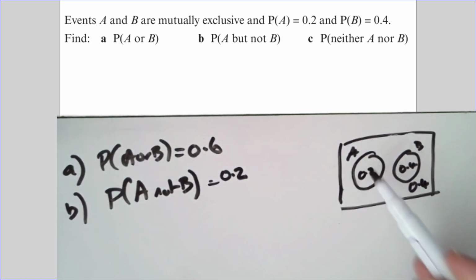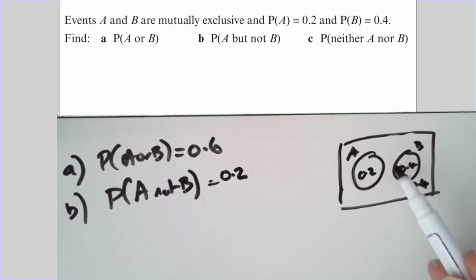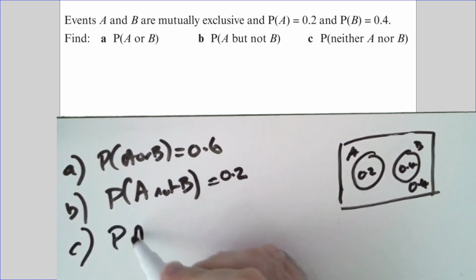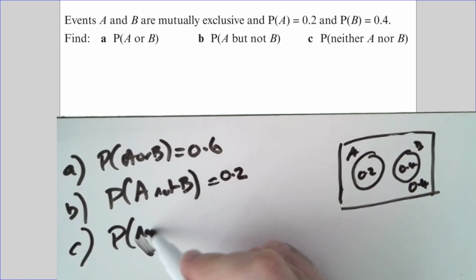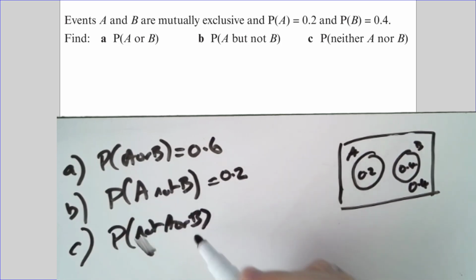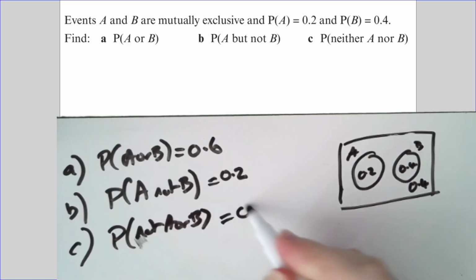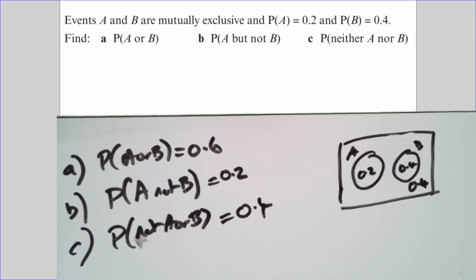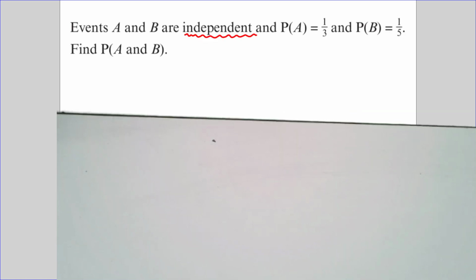If our Venn diagrams overlapped, then we'd have to discount the bit in the middle, but we're told they don't because they're mutually exclusive. For C, neither A nor B, this is 0.4 because this is our outside bit here. They gave us an extra pair of words in the question, mutually exclusive, which means we must realise that we don't have any bit in the middle of our Venn diagram.